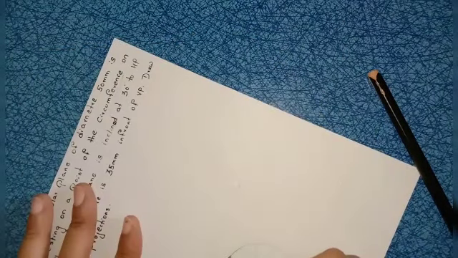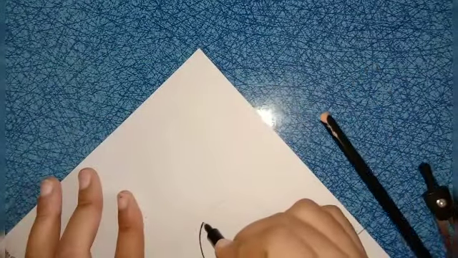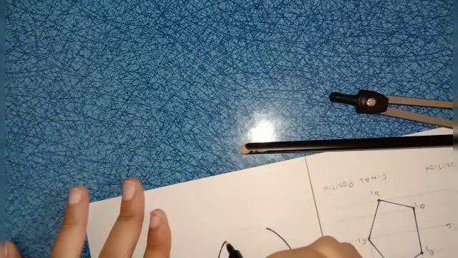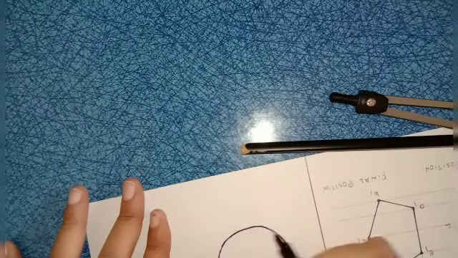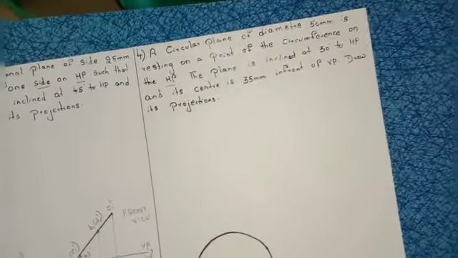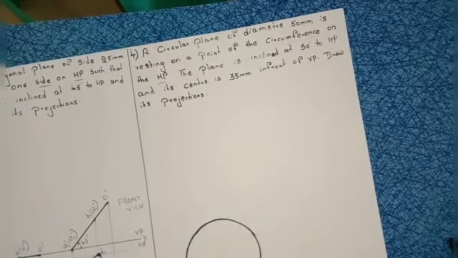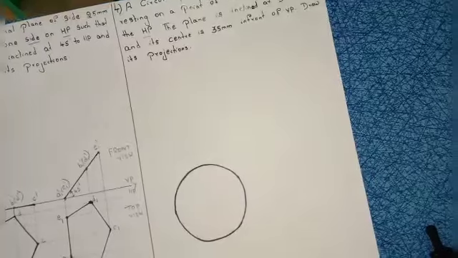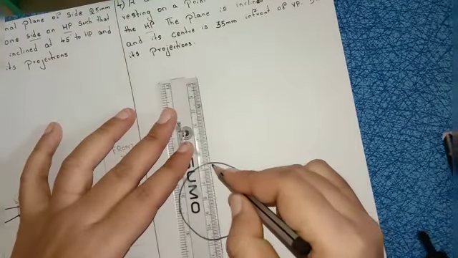I have already drawn this with the help of a compass, so I am drawing on that only. First draw the circle, diameter 50 mm. After drawing the circle, divide it into 12 equal parts. You know how to divide the circle into 12 equal parts, right?